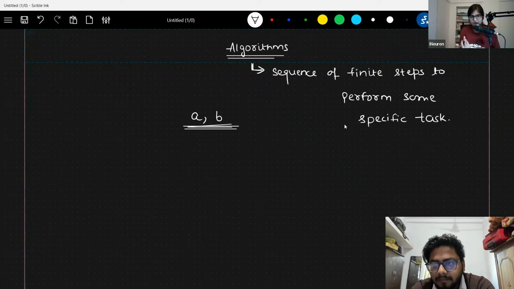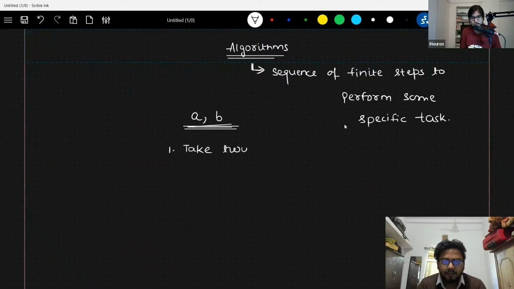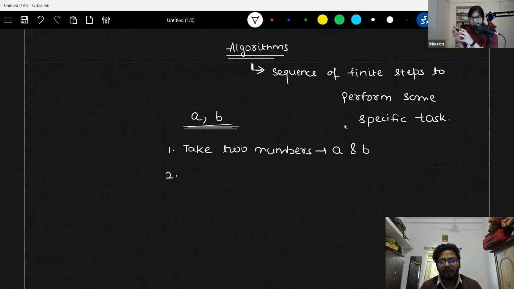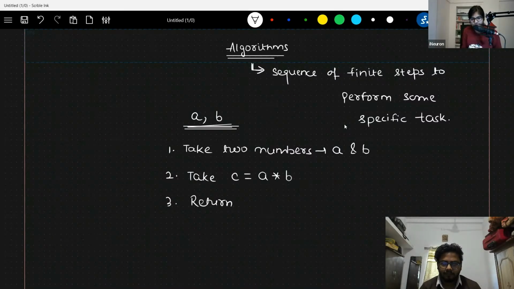As a very first step, we take two numbers A and B entered by the user. After that, we take some other variable which is used to store the product of these two numbers, maybe C, which is A into B. And finally, as a third step, we return that value of C.